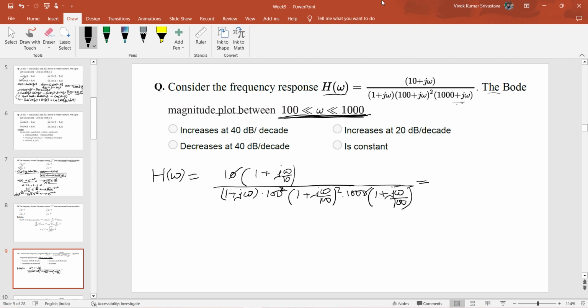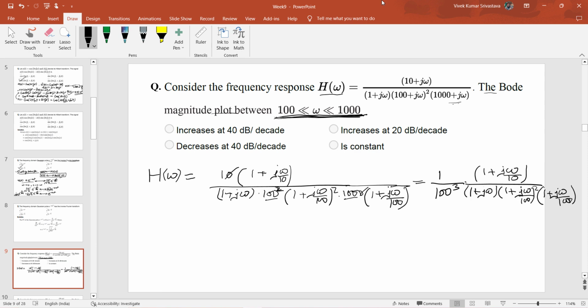Once we simplify, we can write it as 1 over 100 cube, because here 100 is present and here 100 square, so I am directly writing it as 100 cube, into 1 plus j omega over 10, oh sorry, here it is 10, over 1 plus j omega over 100 square, 1 plus j omega over 1000.